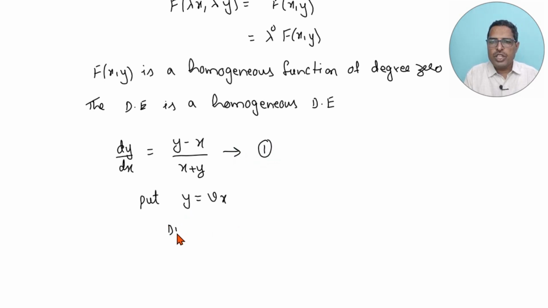Let me differentiate this y with respect to x. Then we get dy by dx equals, on the right-hand side Vx is a product, therefore we are going to use the product rule: V as it is, differentiation of x is 1, plus x as it is, differentiation of V with respect to x is dv by dx.